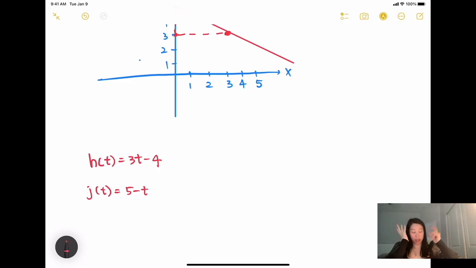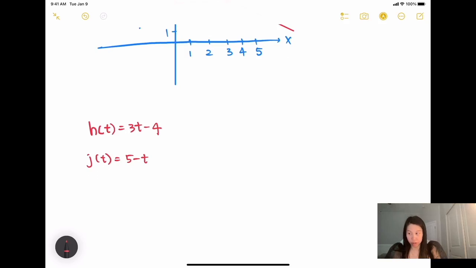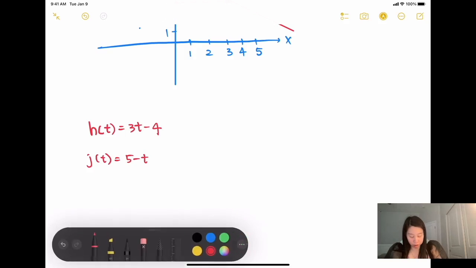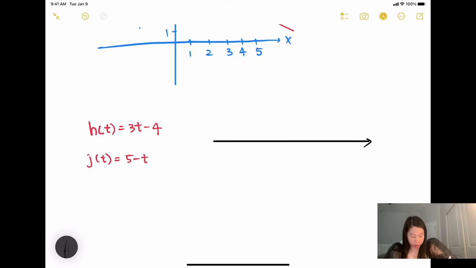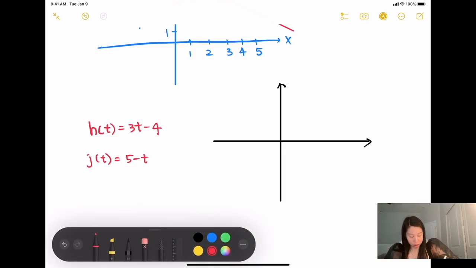Well, here's the way I'm going to teach you. By the graph you just looked at, you will notice that the two graphs intersect, right? The coordinate plane looks something like this. Let me use red and blue, like we did.